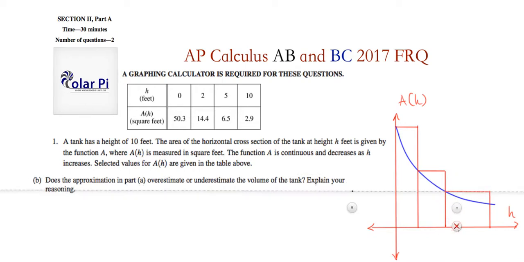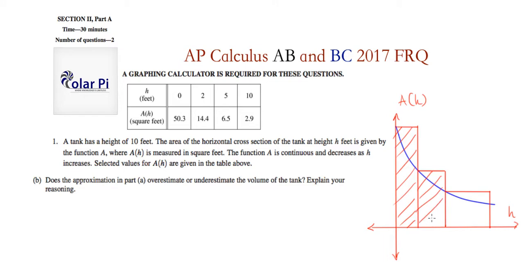We'll be given it precisely as a continuous function in the next part, but instead of A of h, it's called f of h. We'll be able to work with that cross-section area function, where we know everything about it, in the next part.